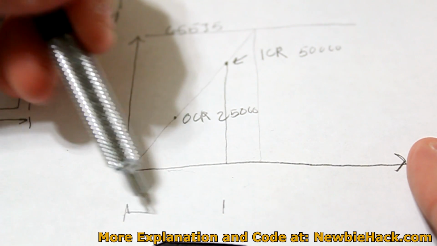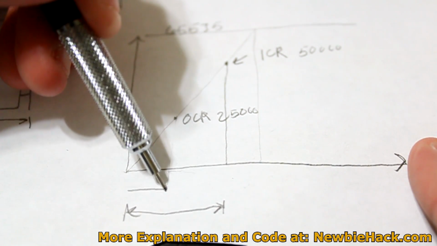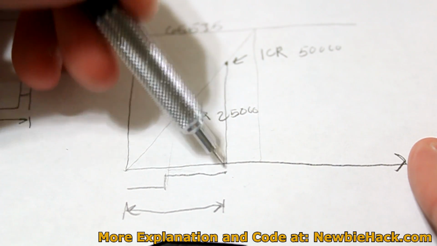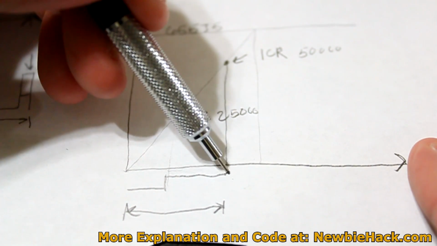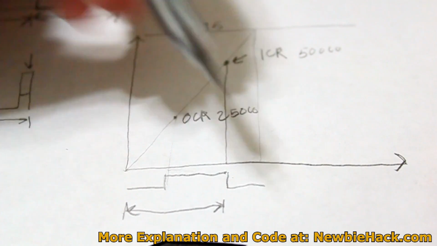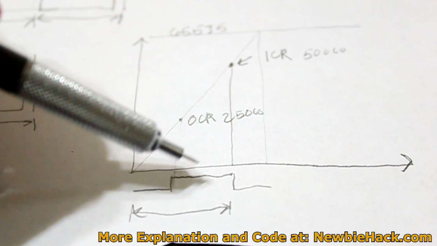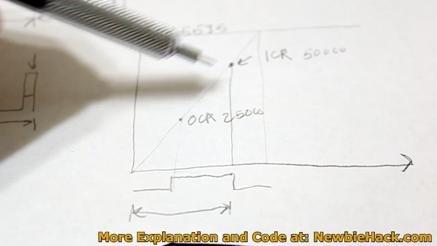That way, in our period, we'll start off at 0. Then at the 25,000 mark, it goes up to 5 volts, until the ICR hits the top value, then it comes back down. And it does that all over again. And this is a little bit more versatile because we can get much better resolution for our servo or whatever we're trying to control.